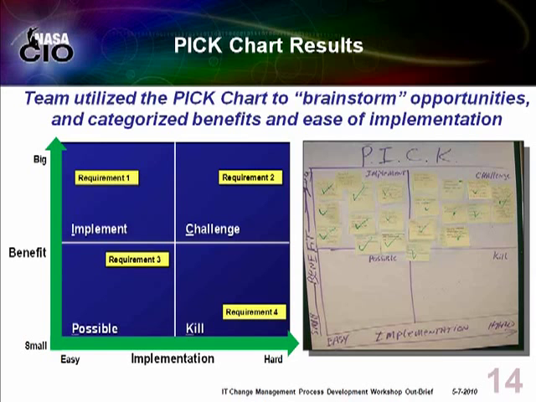So if it's easy to do but has a relatively small benefit, that gets labeled with a P, so it's possible. If there's a big benefit and easy to do, well, we're just going to implement that, so that gets an I. If it's big benefit, but still somewhat difficult to do, that's going to be a challenge. And then things that are small benefit and hard, we're not going to even address those. We're just going to kill those. Thankfully, we don't have too many kills.